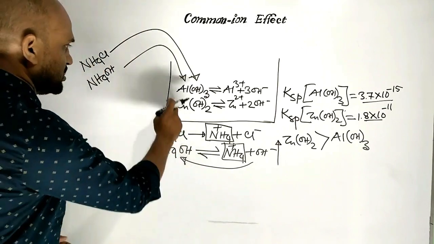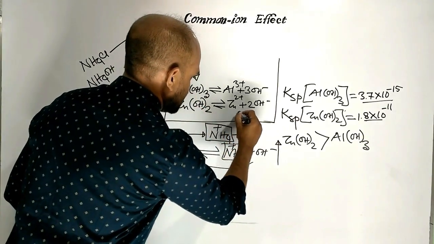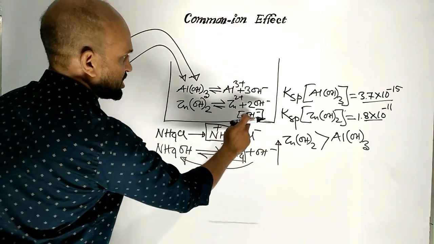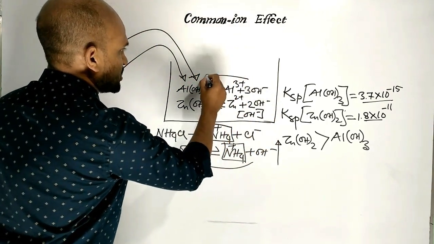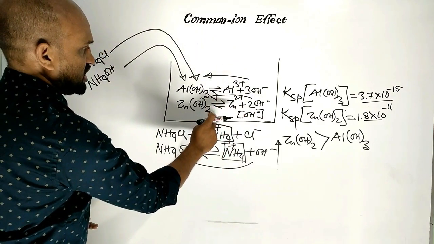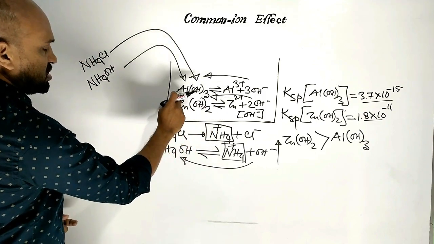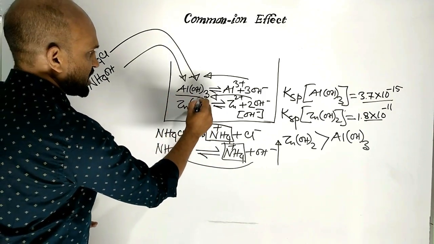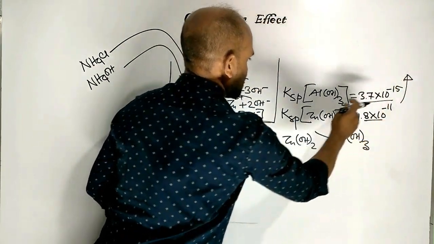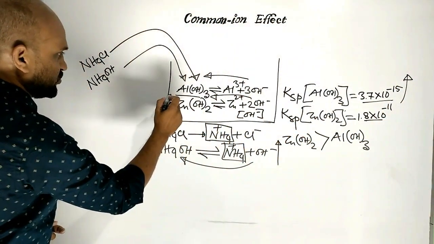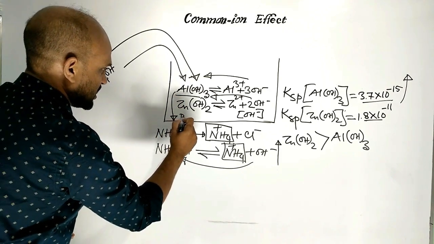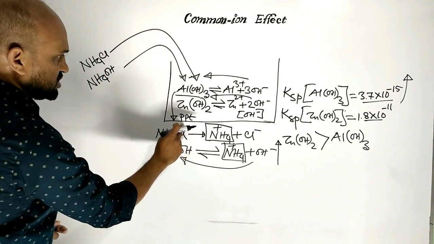As a result, in the solution, due to increase of the concentration of hydroxide ion, both the reactions move backward direction. At one stage, ionic product of aluminum hydroxide exceeds solubility product of aluminum hydroxide, and for this reason, aluminum hydroxide deposits as precipitate.